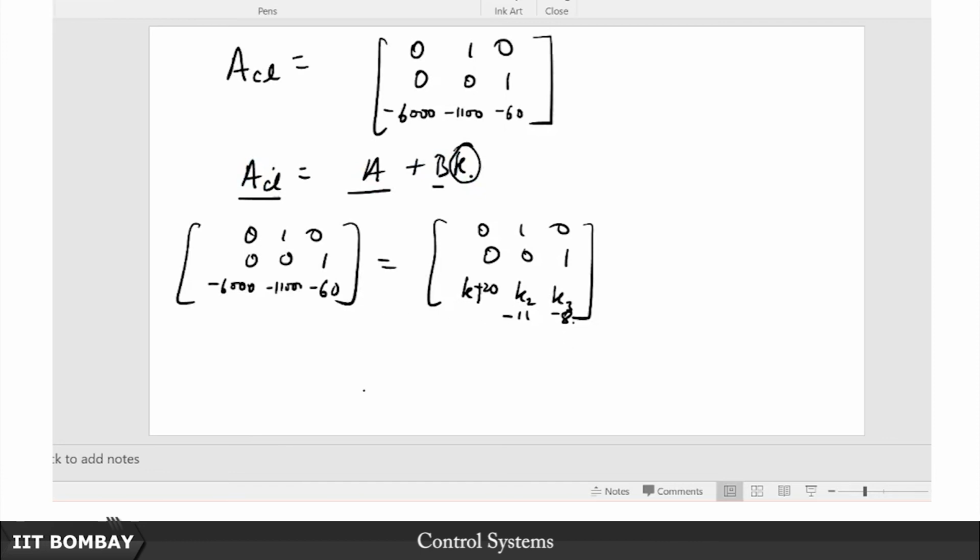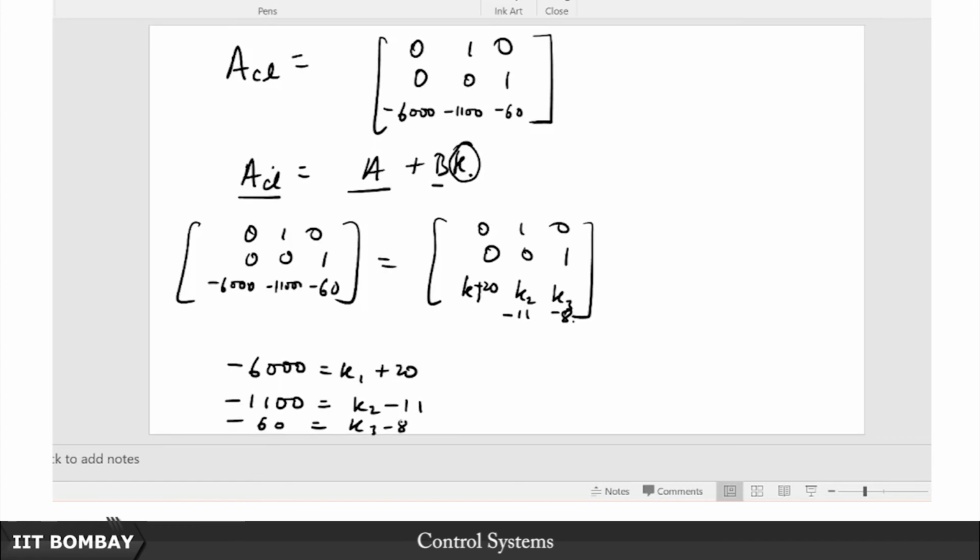So then I can just equate these three terms, right. It is minus 6000 equals K1 plus 20, minus 1100 equals K2 minus 11, and minus 60 equals K3 minus 8.